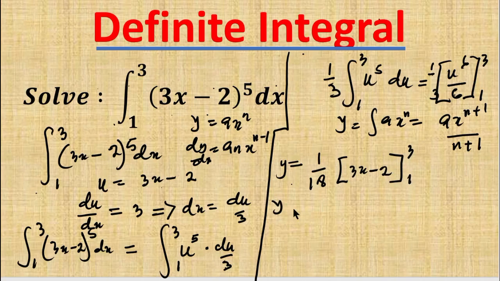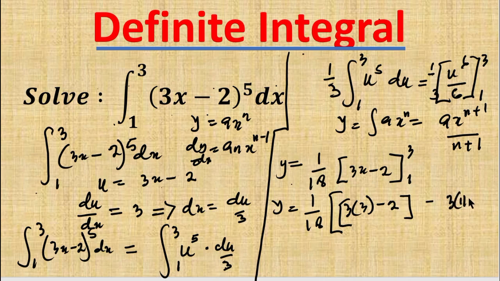So that y now will be the same thing as 1 over 18, I have my big bracket, 3 into 3 minus 2, minus 3 into 1 minus 2. So I can close this and introduce the big bracket. So I can rewrite this as y now equals 1 all over 18 into 3 into 3, that's 9. 9 minus 2, that's 7.